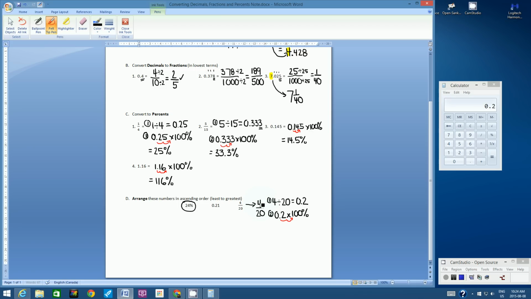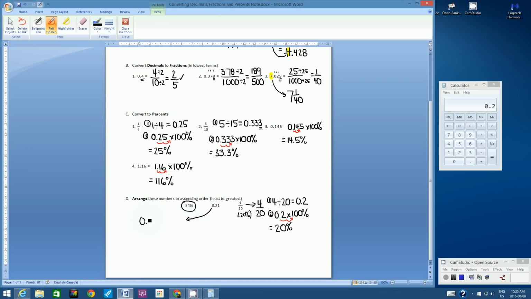Now in this case, we get 20% because the decimal moved 1 place, 2 places. We can't just leave this place value column empty. We have to have a placeholder of 0. So we've got 20%. So 4 over 20 is actually 20%.